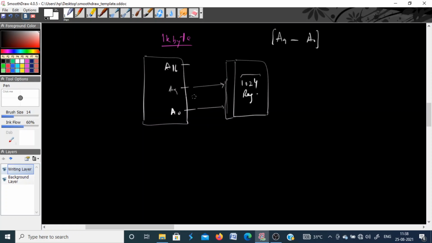So they will be used to identify these 1024 registers. Okay. So the 6 address lines which are left now, that is A15 to A10, we have used them for chip select. Okay. So the chip select or chip enable pin on this memory. So along with this we have a read pin, of course, you have a write pin.